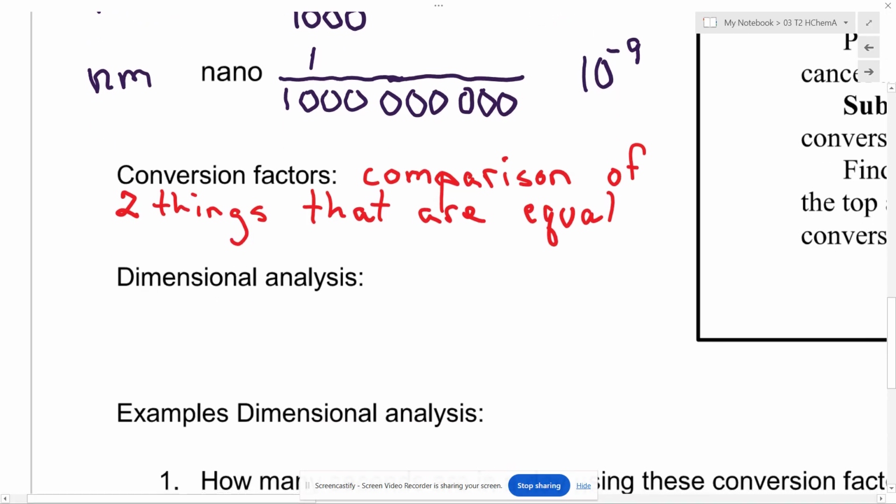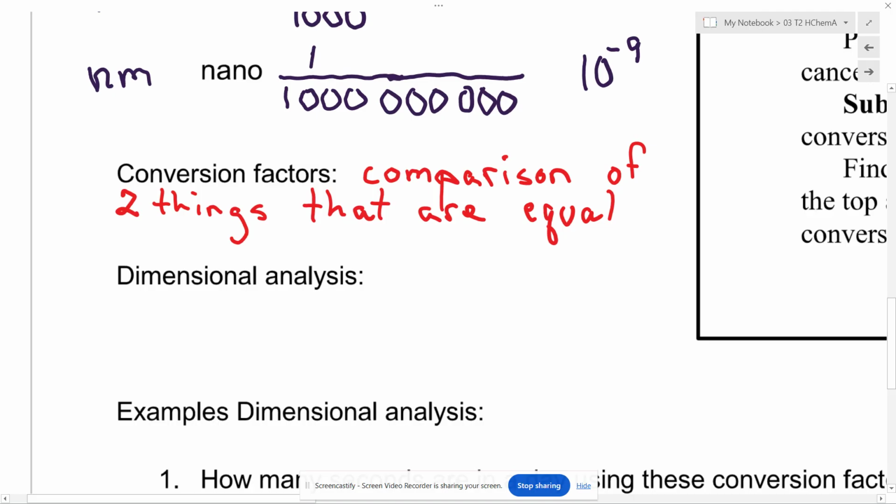I'm going to do one in the English system of measurement. I'm going to do a couple in the SI system of measurement. So 1 foot is equal to how many inches? 12 inches. So a conversion factor is the comparison of two things that are equal.